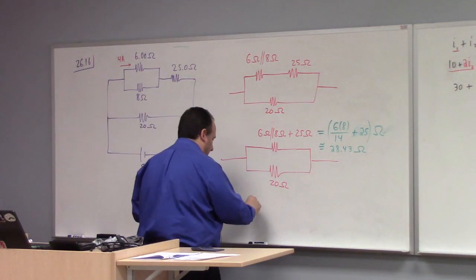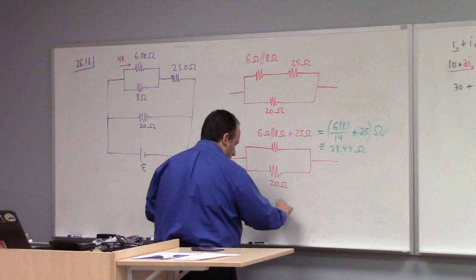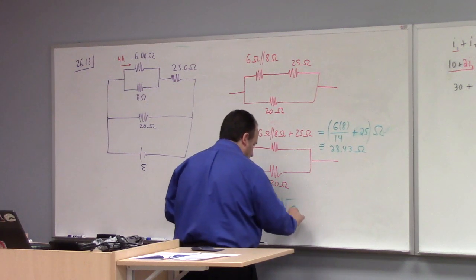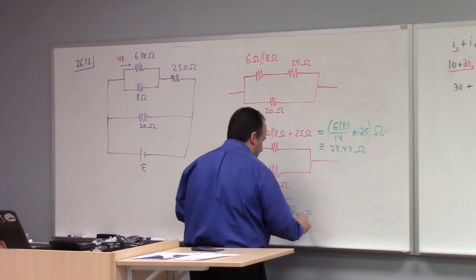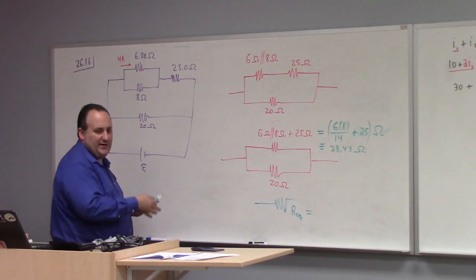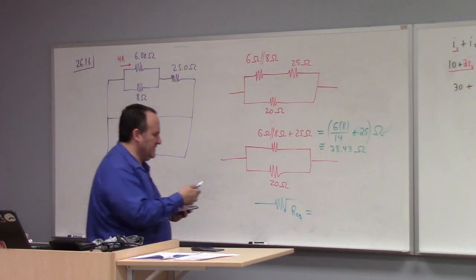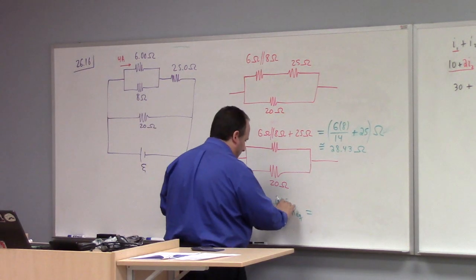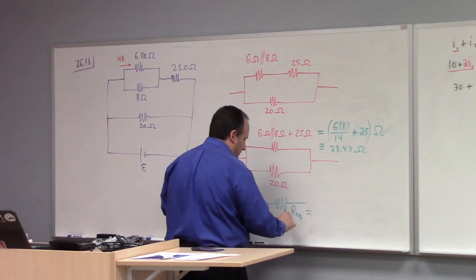So then my equivalent resistance, not that this problem actually asked about it, but let's figure it out anyway just for kicks. I don't think you actually need the equivalent resistance here to do anything. I'm just figuring it out because it's fun and you asked.